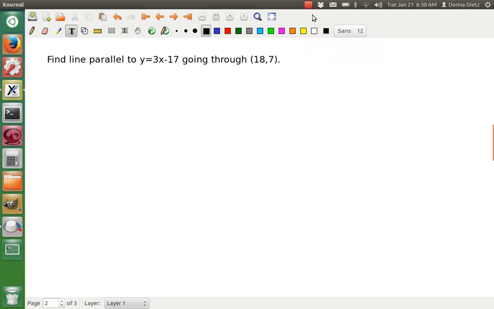Next question. Find the line parallel to a given line going through a given point. And in that case, here is your slope. It's 3. And then we just do, again, you know what? You can just do y minus y1 equals m times (x minus x1).